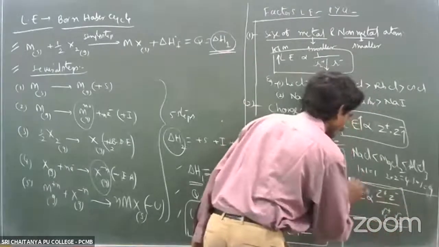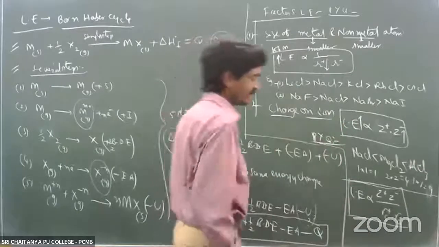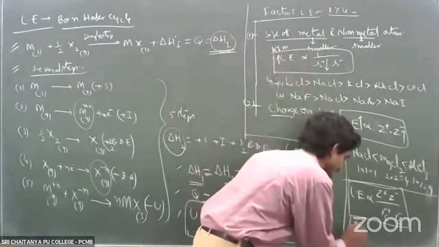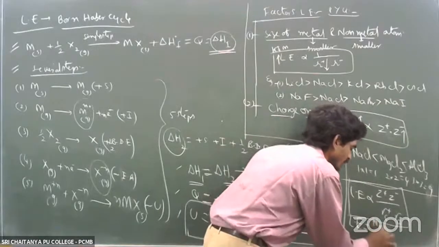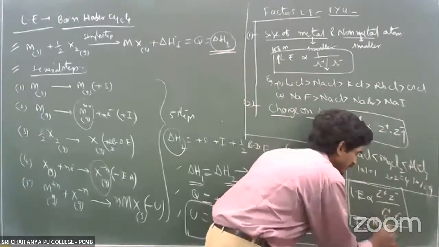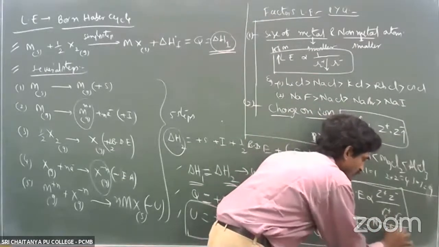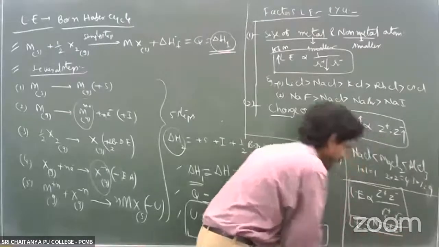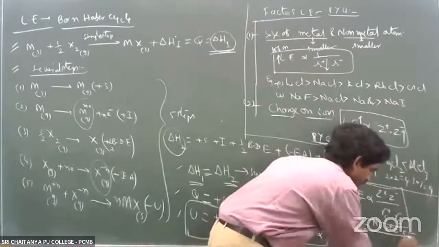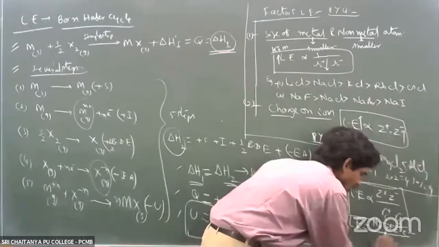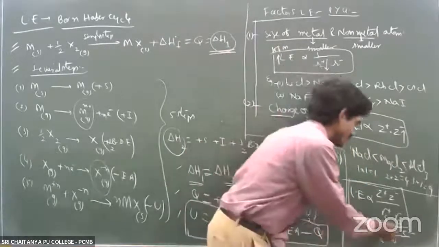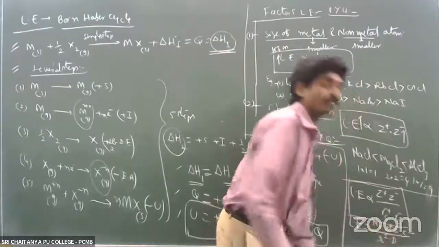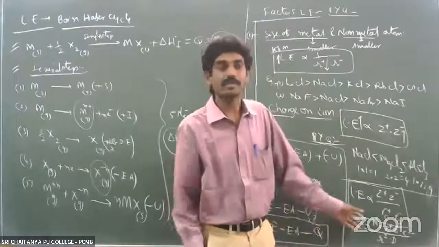One more formula is given by a scientist. According to him, lattice energy is calculated using the formula N0 into Z plus into Z minus into e square upon R into D. N0 is the Avogadro number of ions.